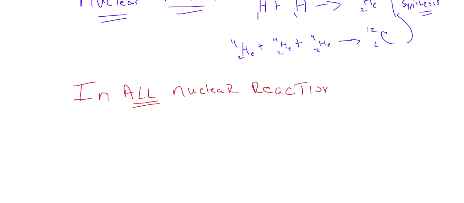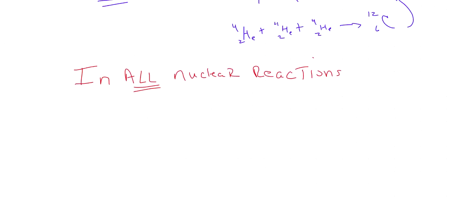Okay, all nuclear reactions, that includes radioactivity: negative beta decay, positive beta decay, alpha decay. Remember, alpha is a helium 4 nucleus. Gamma decay.